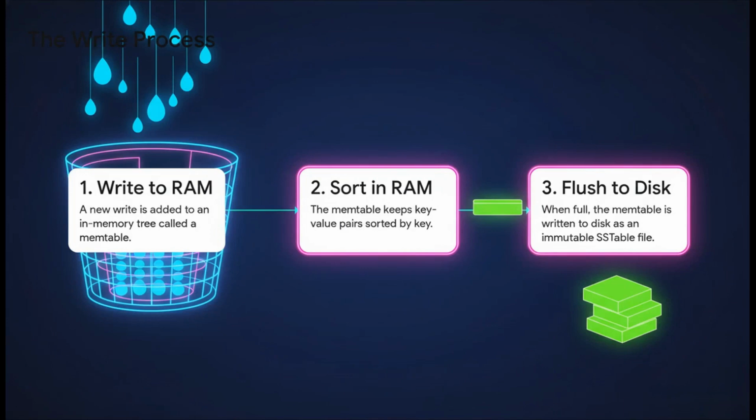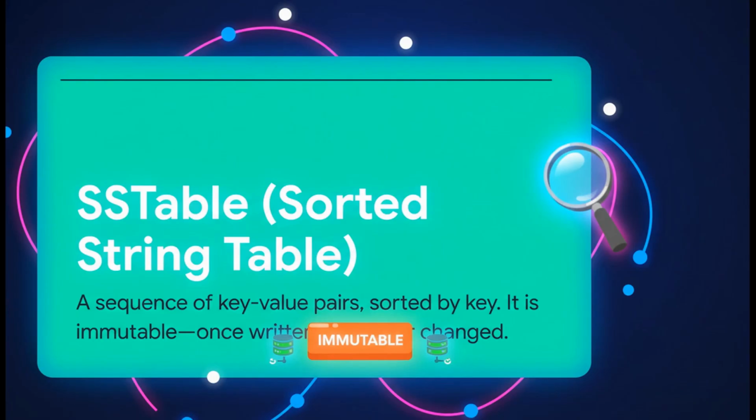Instead of hitting the disk, it gets caught in a glowing bucket made of pure RAM. We call this our memtable. Inside this bucket, the data is instantly sorted on the fly. Then, once the bucket is full, the whole thing instantly freezes into a perfect, glowing, unbreakable brick and just slides onto the disk as a new file. That brick is our SSTable. It's a beautiful, zero-friction process.